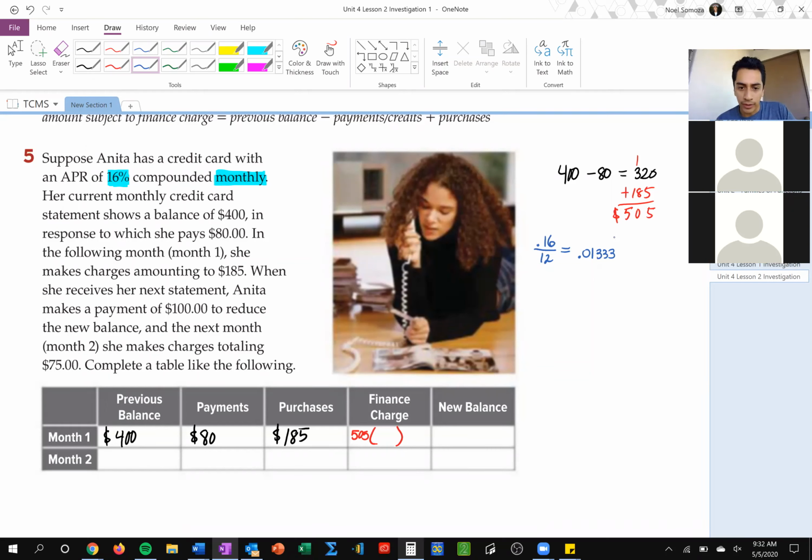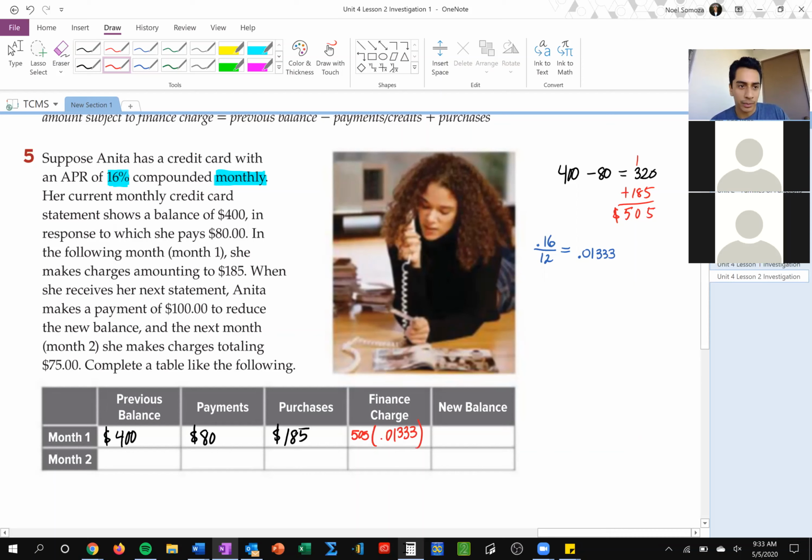So the finance charge, just the amount that's going to be charged in terms of interest, we can leave it here as 0.01333. What is the finance charge?